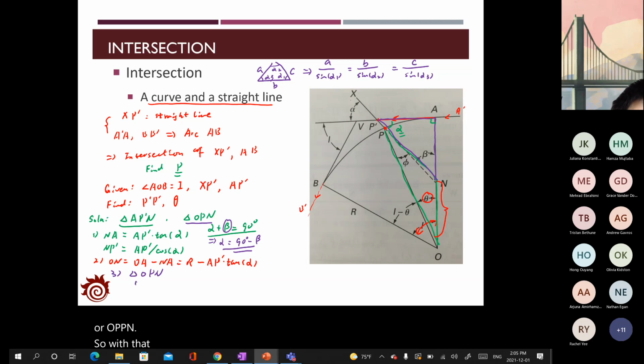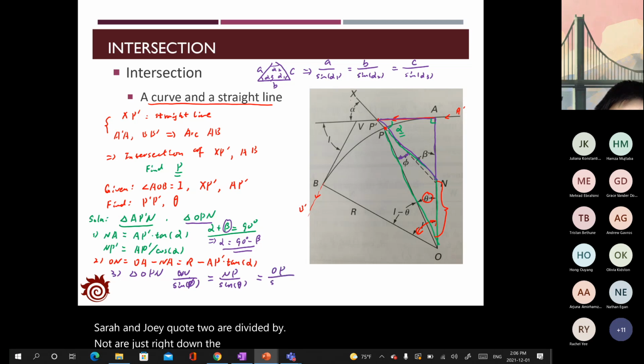With that, we get ON divided by sine phi, which is this angle, should equal MP divided by sine theta, and should equal the O to P divided by sine 180 degree minus beta.